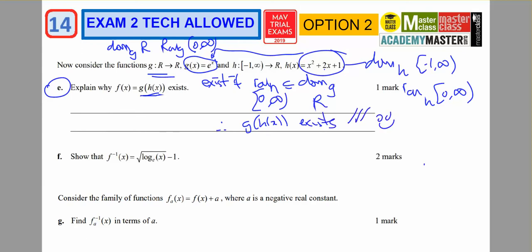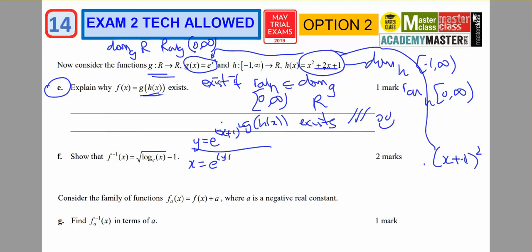So I've explained it. Show that the inverse is this. Okay, so running out of space here. I know y equals e to the x plus 1 squared. And if I'm looking for the inverse, x equals e to the y plus 1 squared, which means y plus 1 squared equals log base e of x.